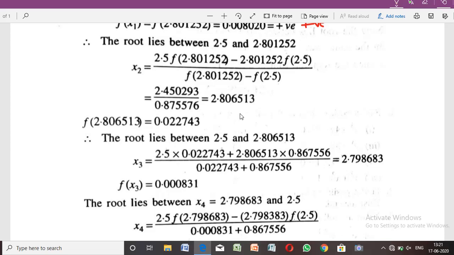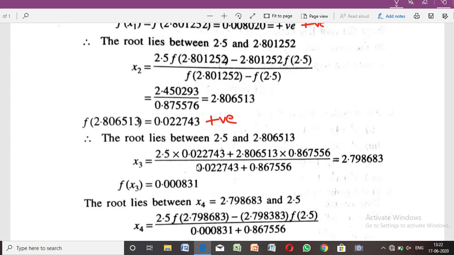Here the value is positive. Comparing, the root lies between 2.5 and 2.806513. Next, find the x3 value.